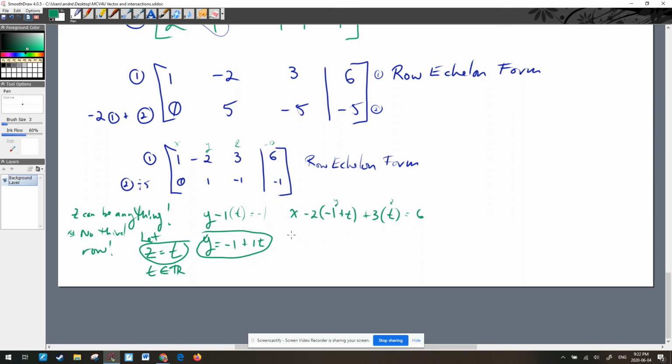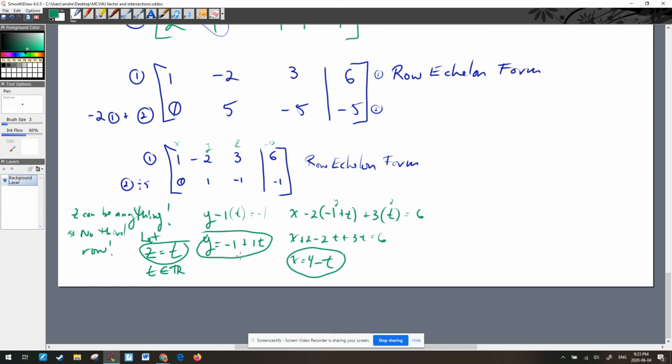Okay, so that means x plus 2 minus 2t plus 3t equals 6, which means that x is equal to 6 minus 2, when I lob that over, is 4. Negative 2t plus 3t is 1t, so I move it over, and it's going to be negative t. And there is x.